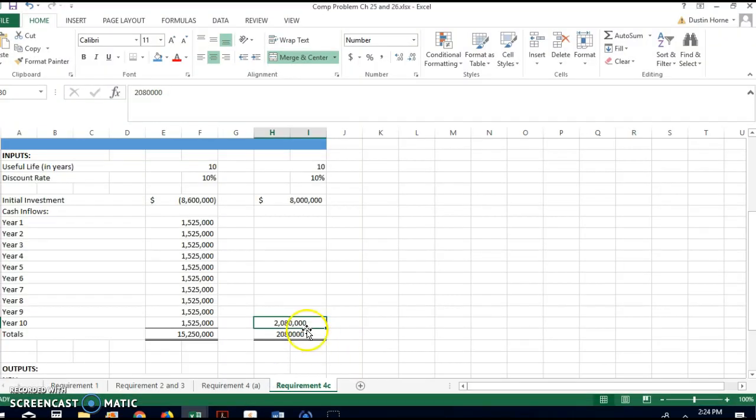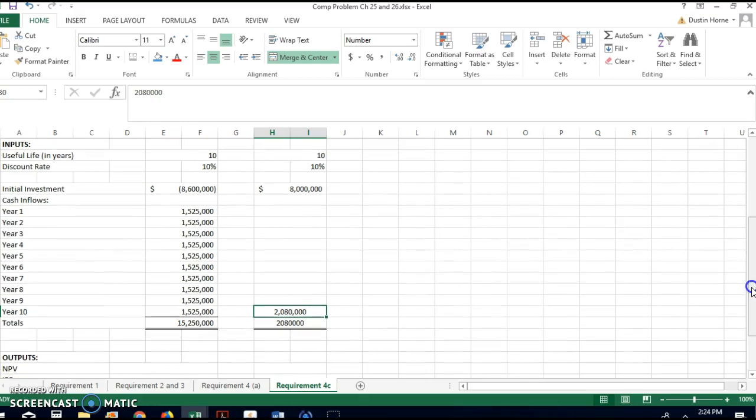That's why I went ahead and filled that in, but you can fill in 1,100,000 for all of these. Look in your book on page 1487, and it goes through how to do the net present value formula in Excel.